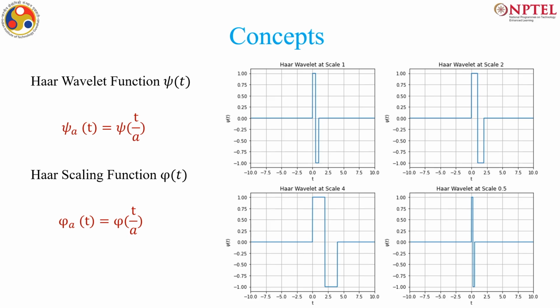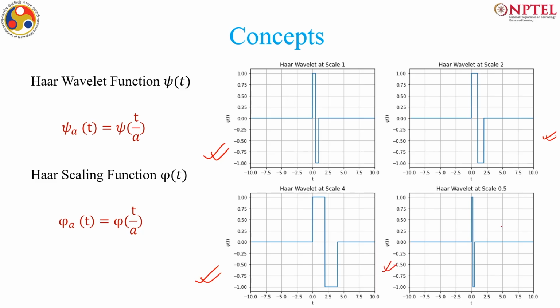So, this is what I was talking about. If I scale this function, this is my Haar wavelet. If I scale the wavelet, what do I get? This is at a scale of 2. If I do it at a scale of 4, that is dilation of 4, I get this waveform, and if I dilate at a factor 1 by 2, that means it is shrinking it.